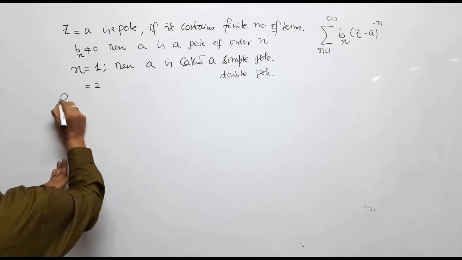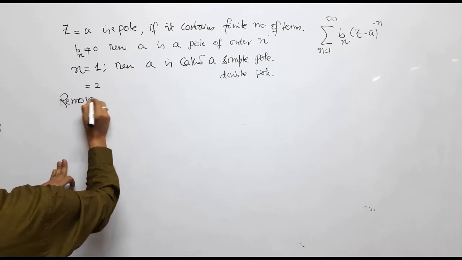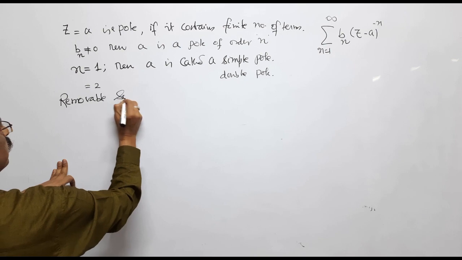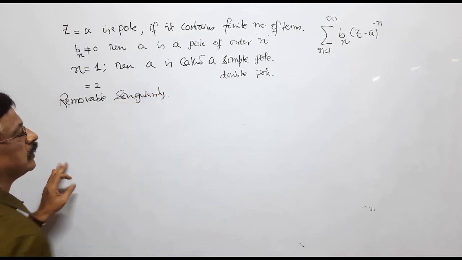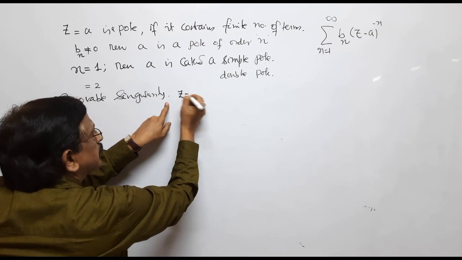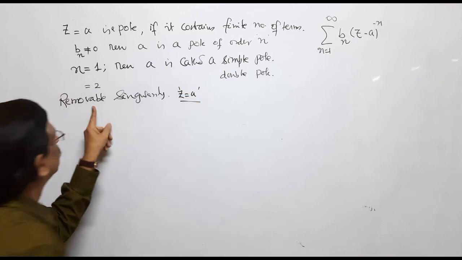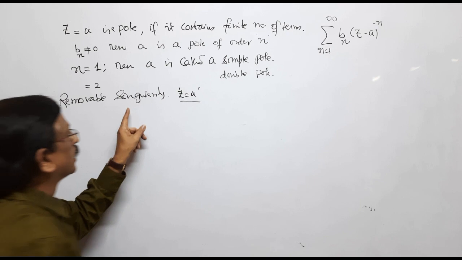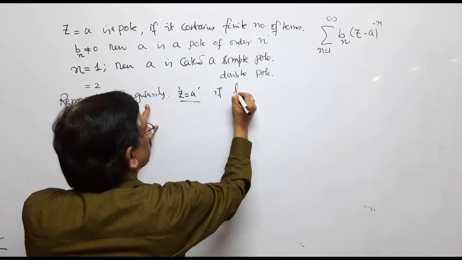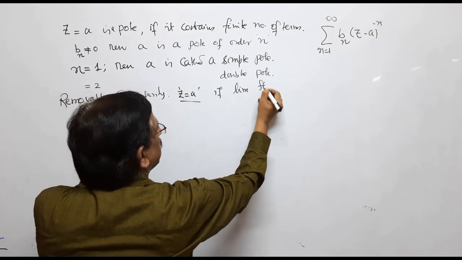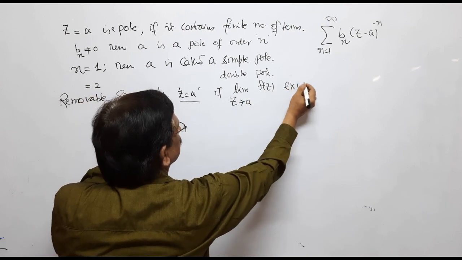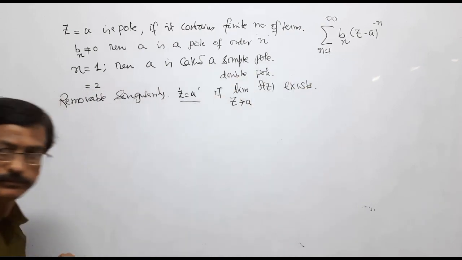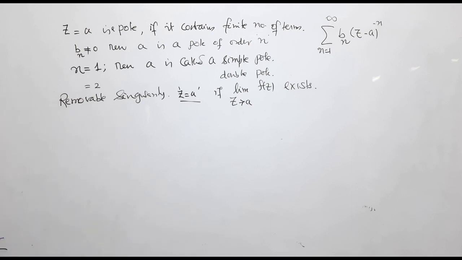Now, I will talk about the removable singularity. z equal to a is called removable if the limit of f(z) as z tends to a exists. Then it's called a removable singularity.